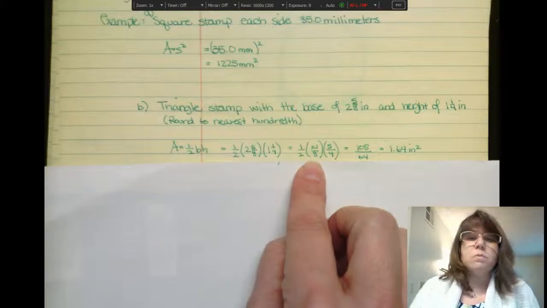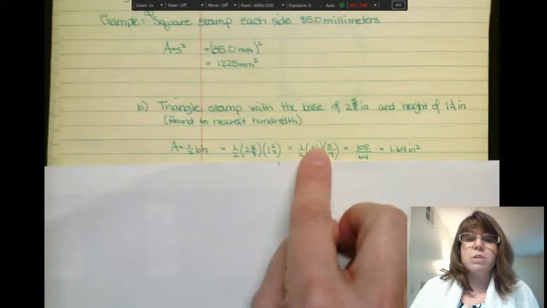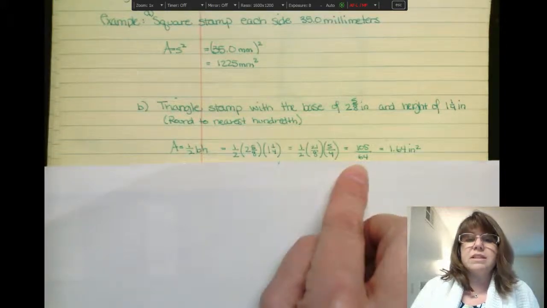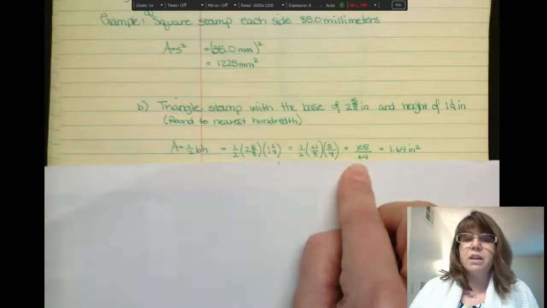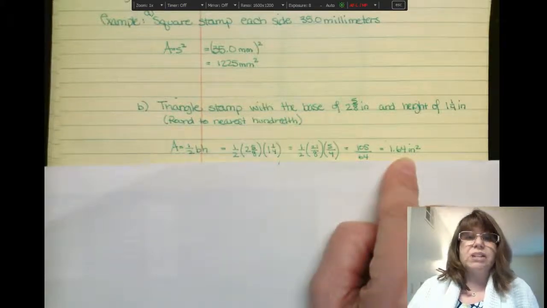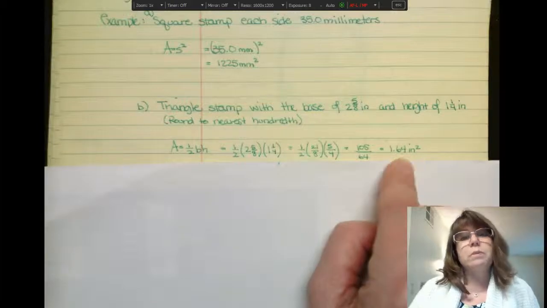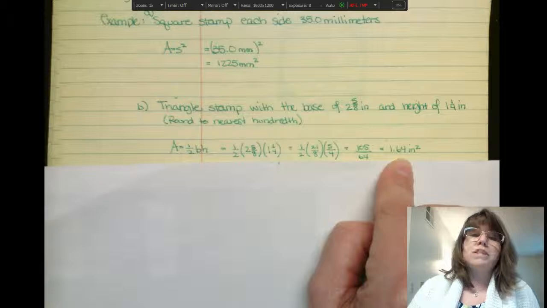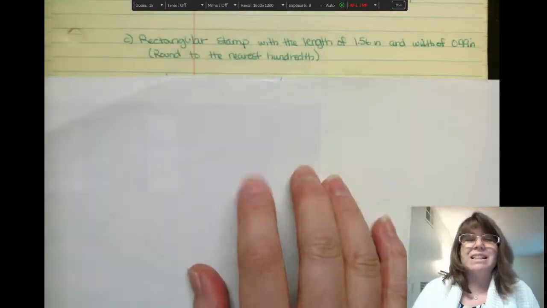This is just multiplying fractions, so it's straight across. 21 times 5 is 105, and 2 times 8 times 4 is 64, giving me approximately, and I rounded, 1.64 inches squared. We do want to remember to put in our units, and with area, our unit is always squared.